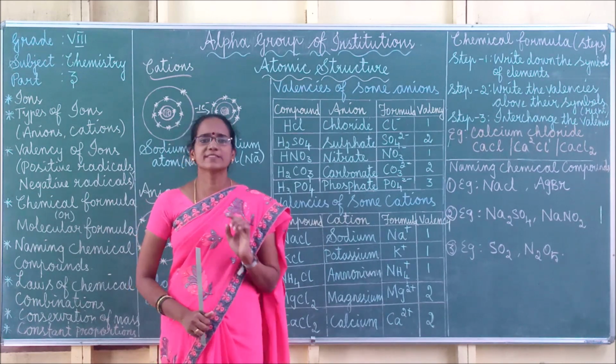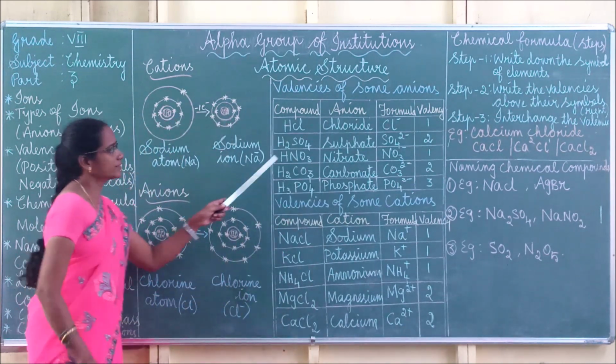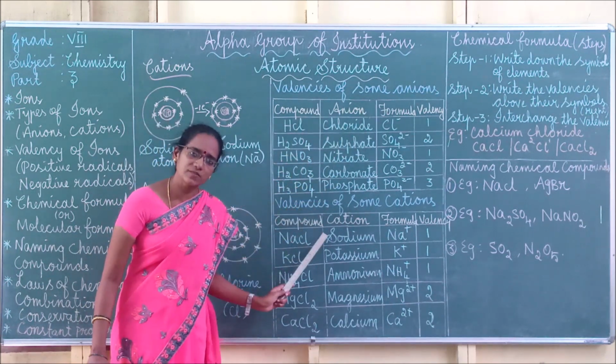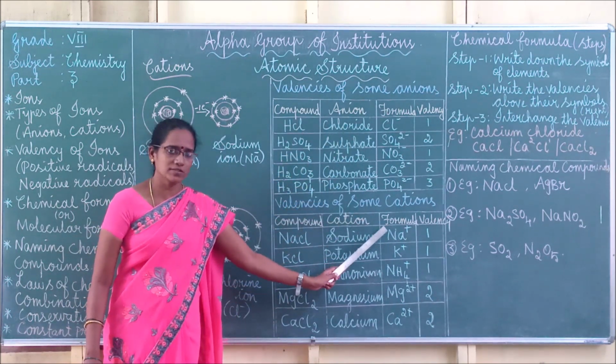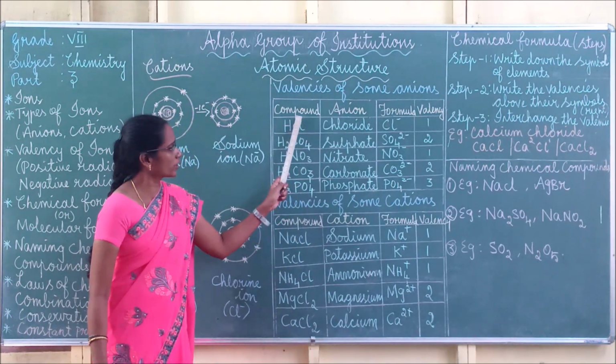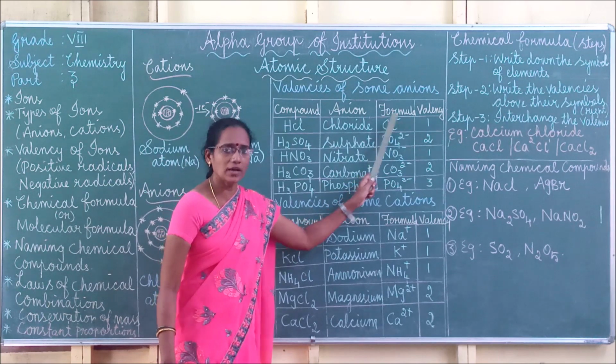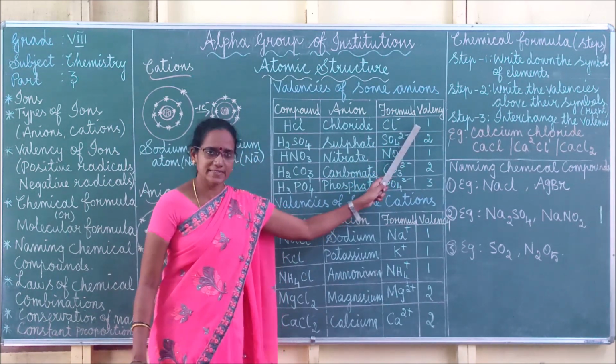For example, look at this tabular column, valencies of some anions as well as valencies of some cations. If you look here, what are the things given? Compound, anion, its formula as well as its valency is given, right?